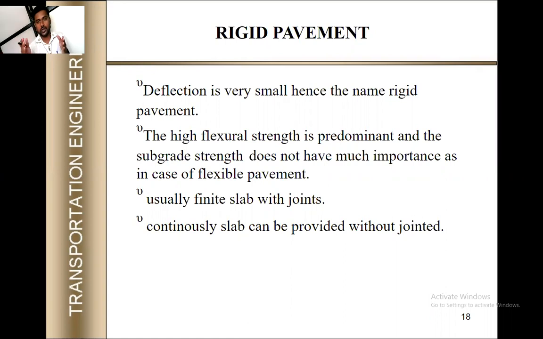Okay, means what? Up to a maximum of 140 meter we can extend our pavement. Before that we need to provide the longitudinal joint. For the transverse joint, if the width of the pavement is more than 14 meter, then we need to provide the transverse joint. Okay.